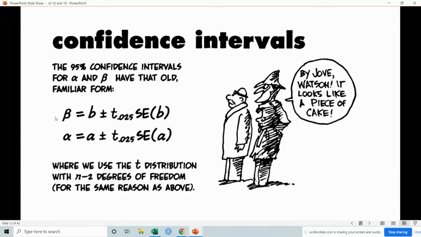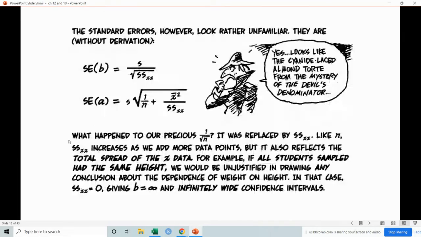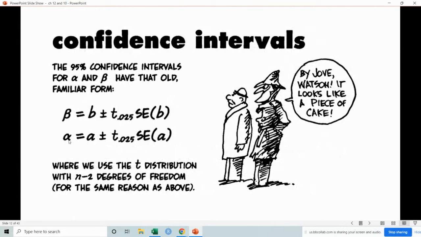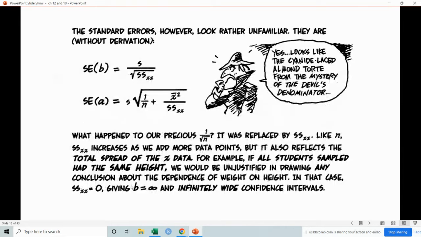You can do that for both the coefficient for x, which would be beta, and for the intercept. This particular book uses alpha, but it could be beta 0 for the intercept. Here we use the t-distribution with n minus 2 degrees of freedom when looking it up. But a lot of these values will be printed out by software, so we're going to focus more on how to interpret information from a printout.